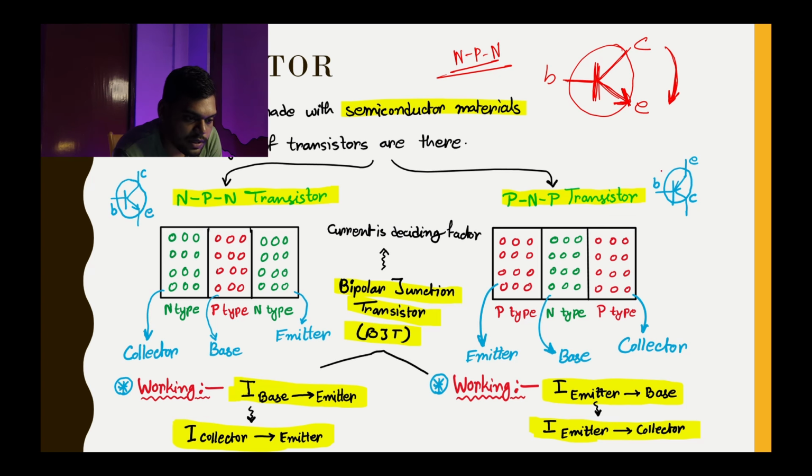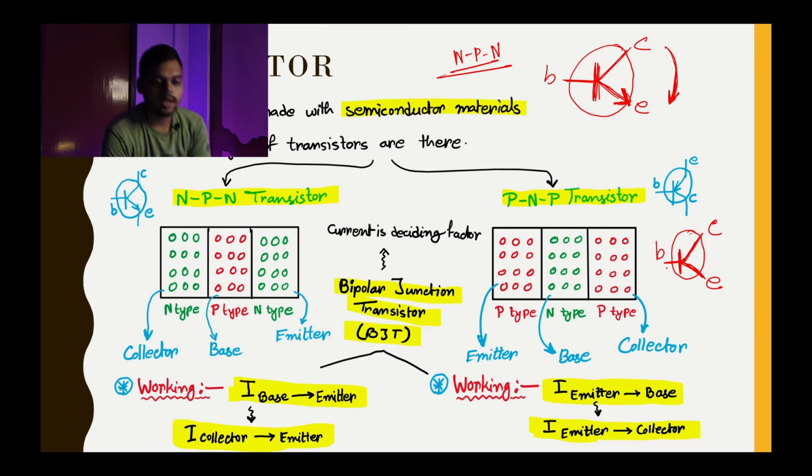In the case of PNP, we have base, collector, and emitter, and in this case, how the PNP transistors work, like if we have a little bit of current flowing from emitter to base.